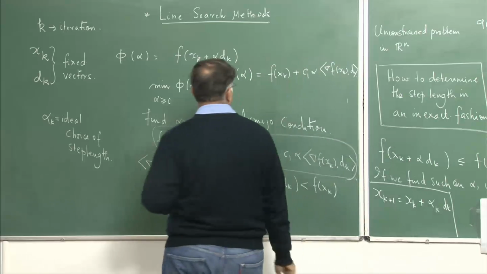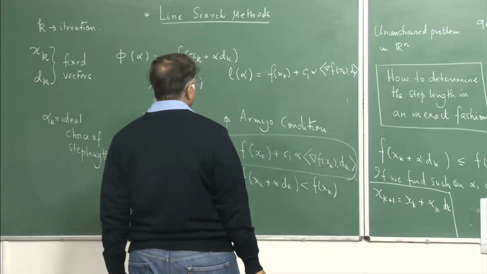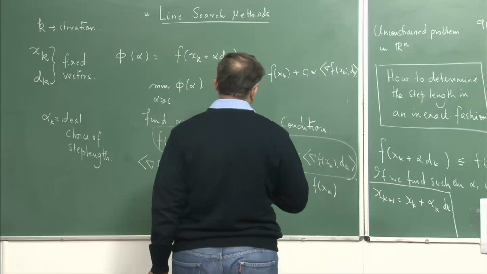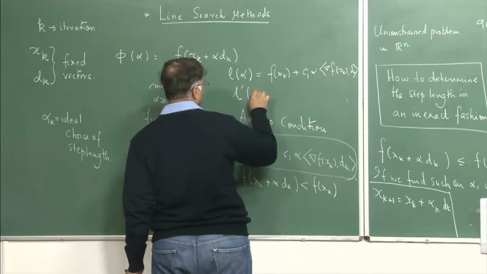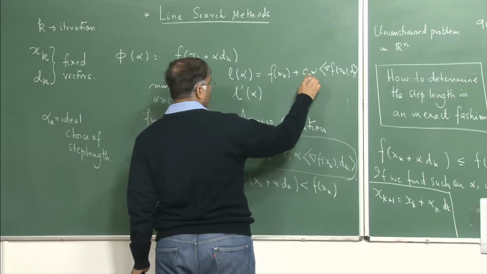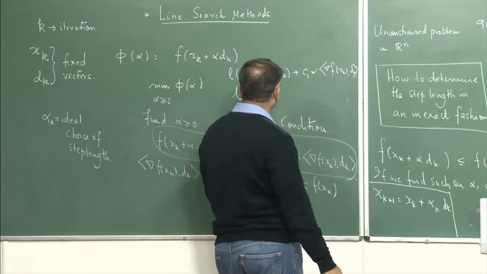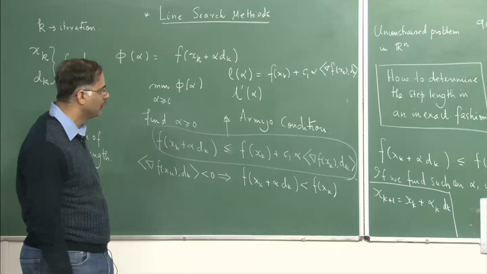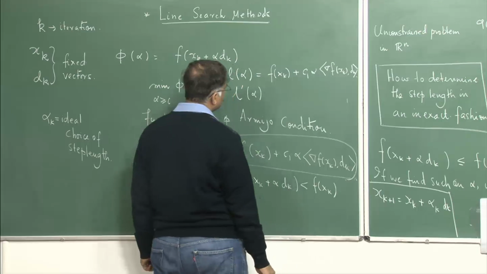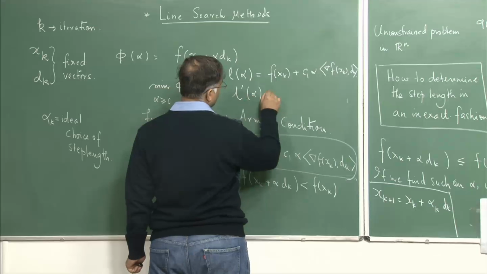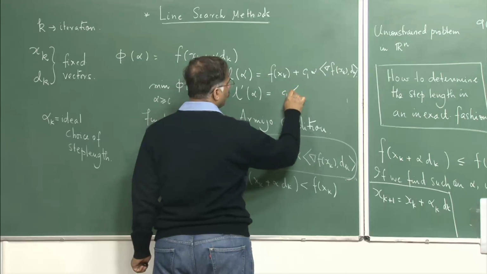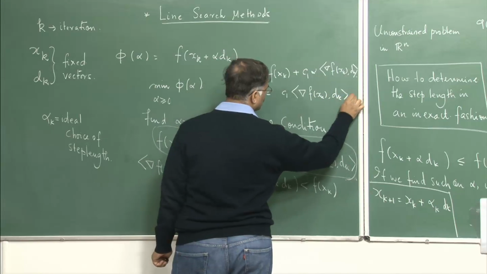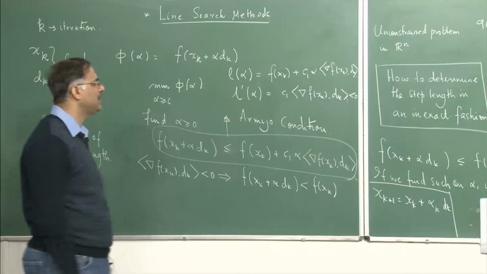Now, let me take the derivative of L alpha, so the slope of the line L alpha. L alpha is a straight line, in y equal to mx plus c form, but in which direction is it moving? Its slope is nothing but C1 into grad f x k dk. So, it is strictly less than 0.